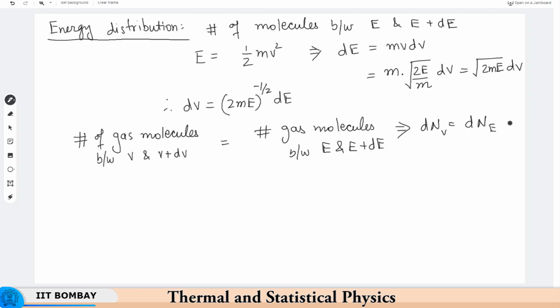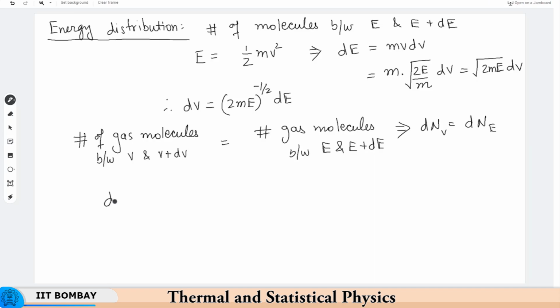And this is not really an assumption, this is actually a fact, because the kinetic energy is only a function of speed, only a function of velocity. So, the number of molecules between V and V plus dV is the same number of molecules that are also between kinetic energy E and E plus dE. So, having said that, now we can substitute the value of dV.